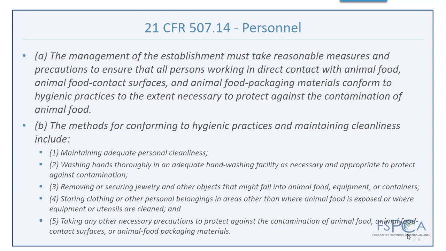We've also talked a little bit about hygienic practices already in this curriculum, and Part B gives us a breakdown list of what we mean when we say hygienic practices.